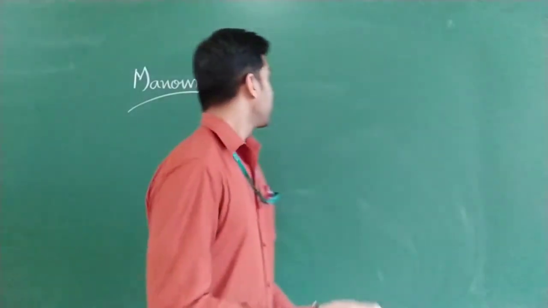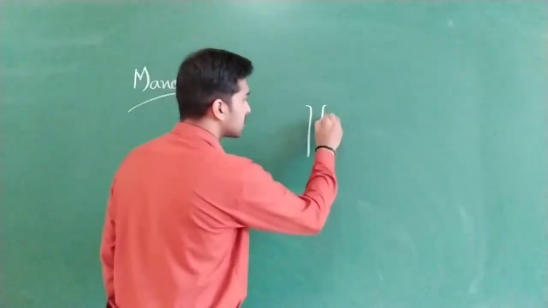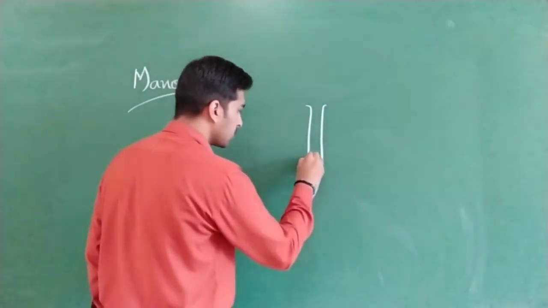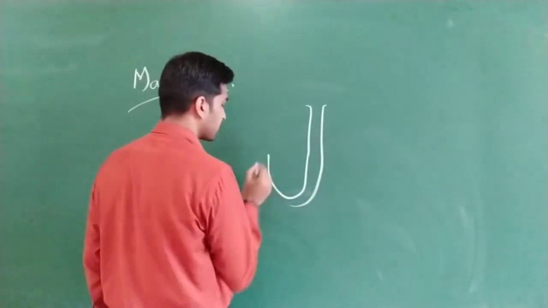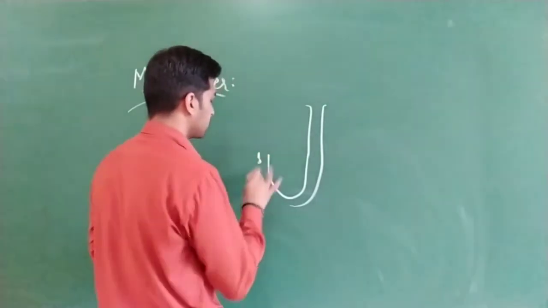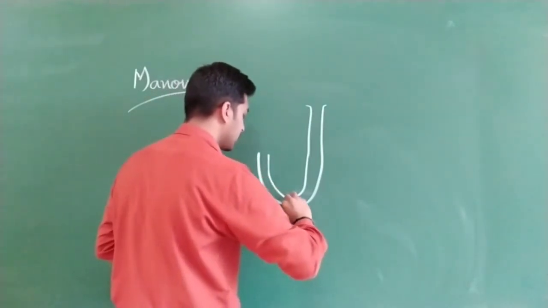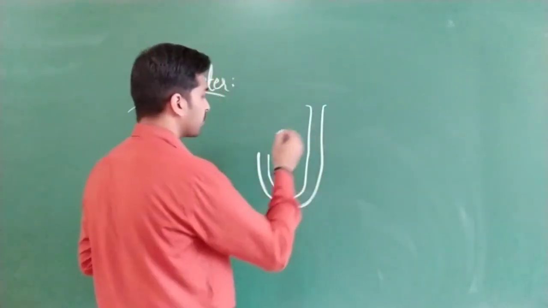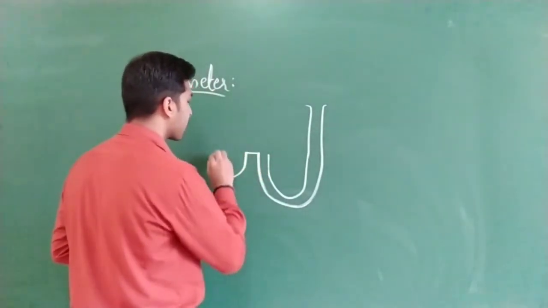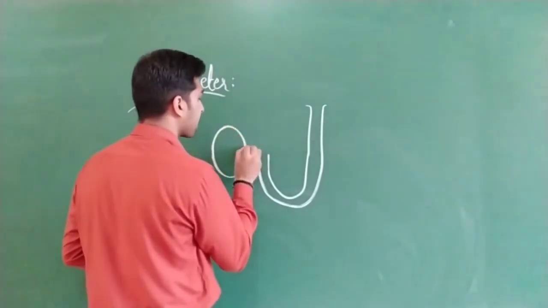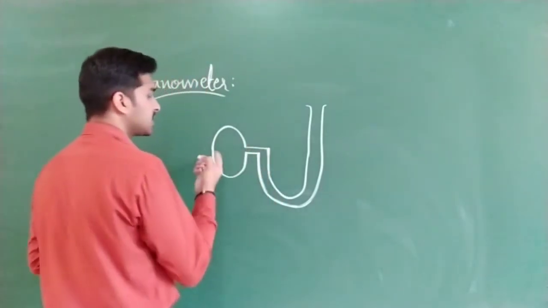Clear? So it consists of a U-tube. Don't get excited. This shape of tube is known as a U-tube. This is a U-shaped tube, that's why the name given is U-tube. And here one system is connected.